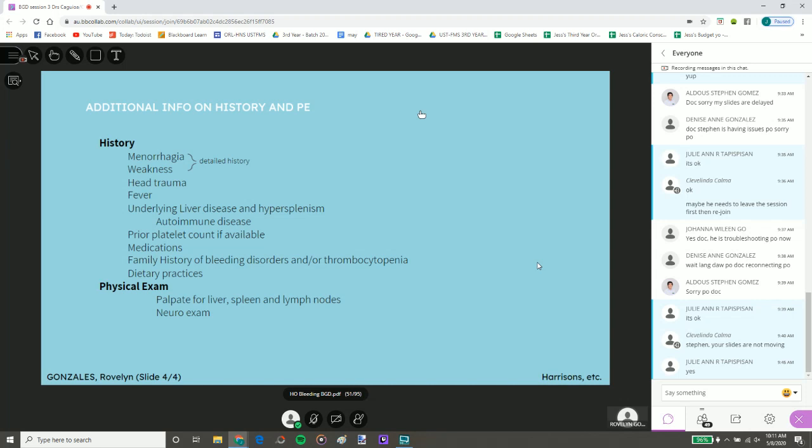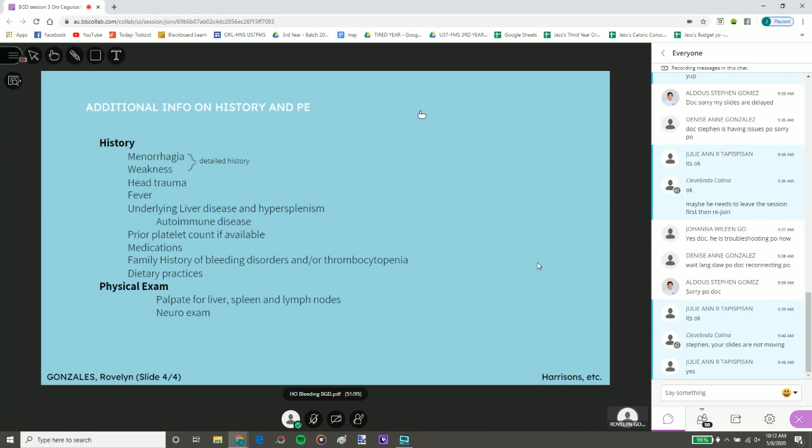Next, we also have to ask for any underlying liver disease and hypersplenism, as the liver is the site of thrombopoietin production. Therefore, if there's any liver pathology, TPO decreases, which could lead the patient to thrombocytopenia. If available, the prior platelet count should be asked, as a stable platelet count is less concerning than a new or decreasing count.